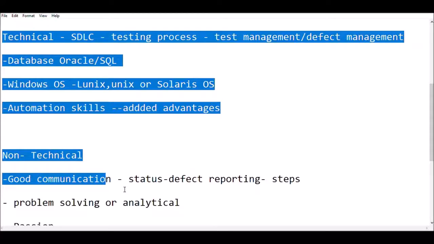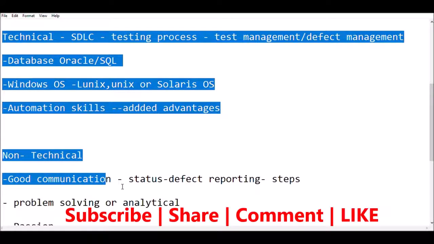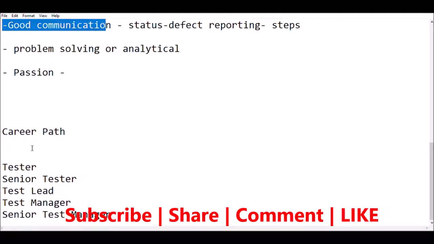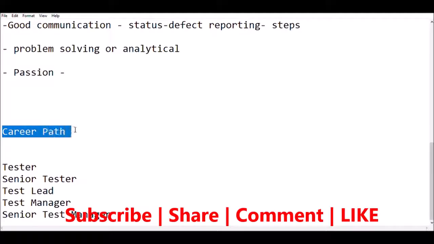Then let's understand the various career paths you can take up in the software testing world. One is you can take up a tester role, senior tester role, test lead, test manager, senior test manager, right? These are the various roles you can take up in the testing world.